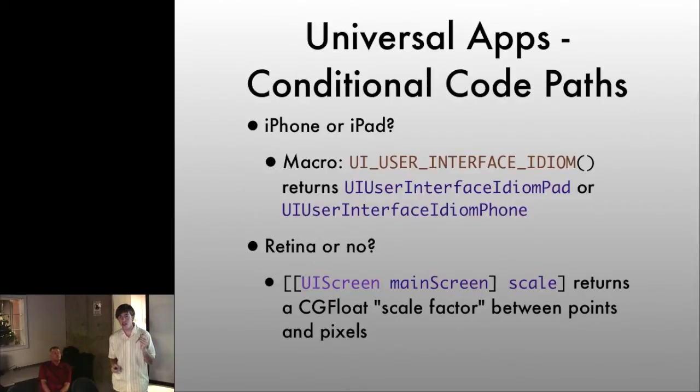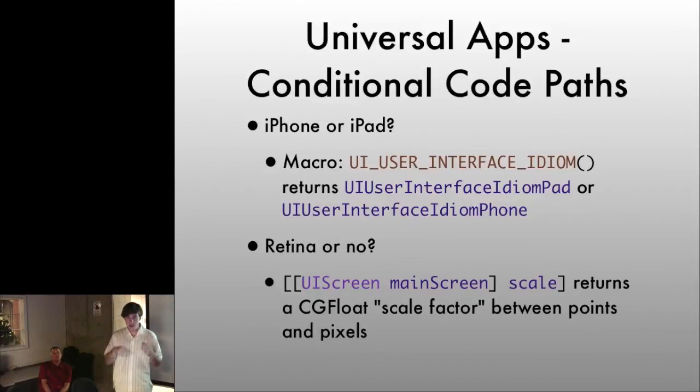This is just a C-style macro, so you call it basically like a function, and you can use equal on that. So it's pretty common to see something like: if UI_USER_INTERFACE_IDIOM equals pad, run some block of code, else run the other block of code for the iPhone stuff.